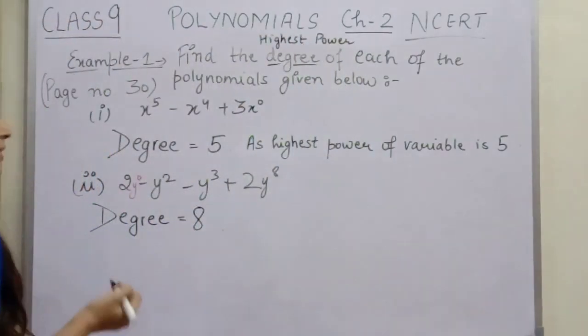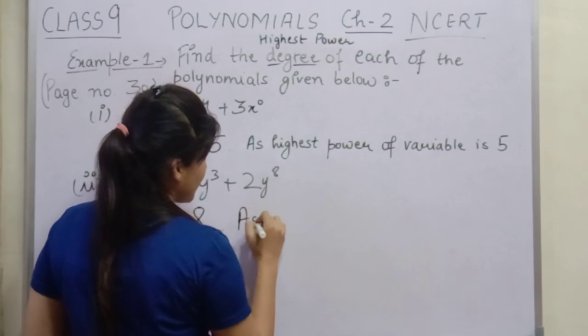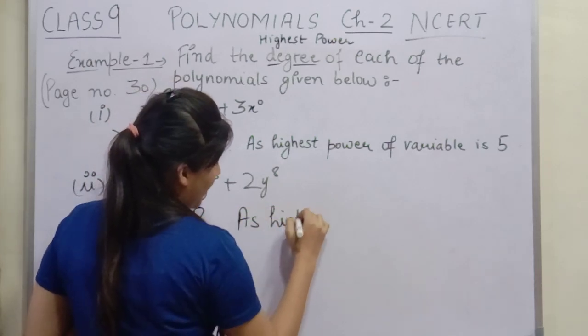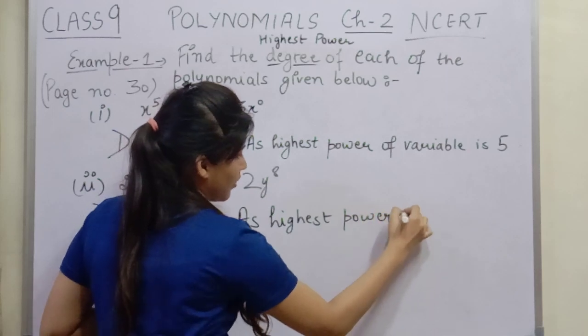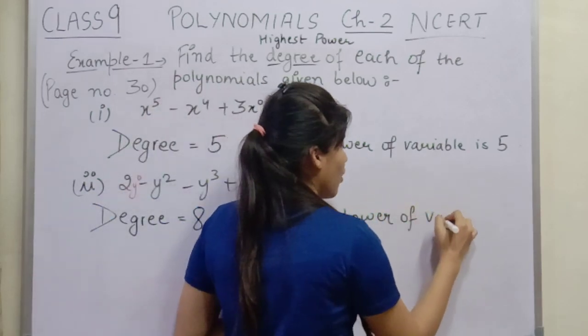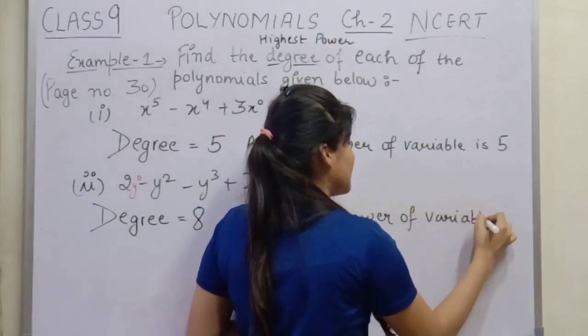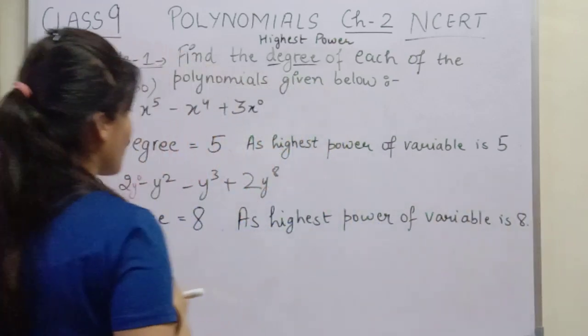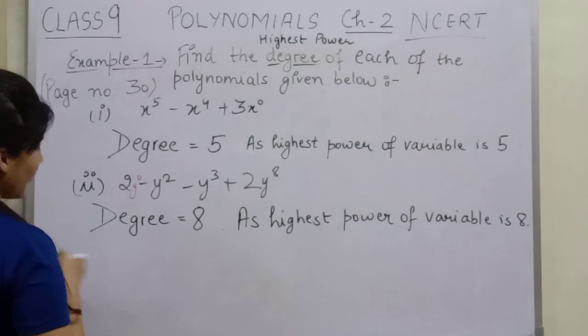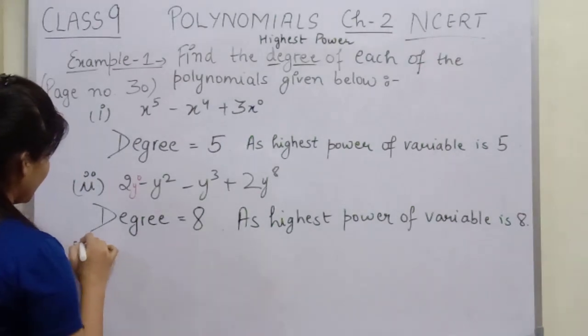So degree is 8 as the highest power of variable is 8. So the reason is also very obvious, right? Coming to the third part.